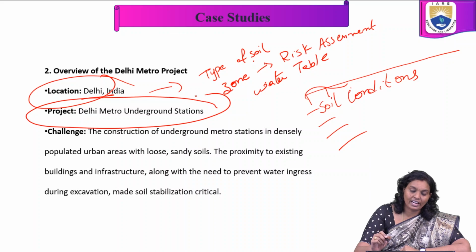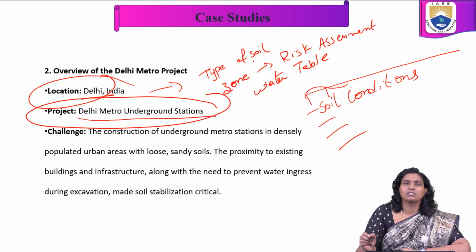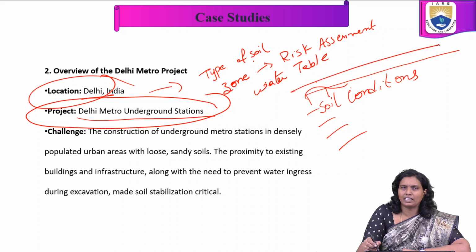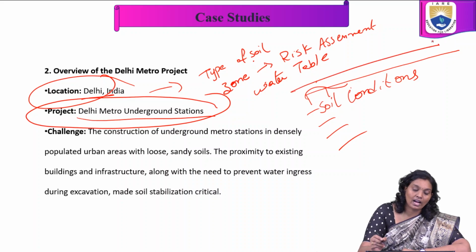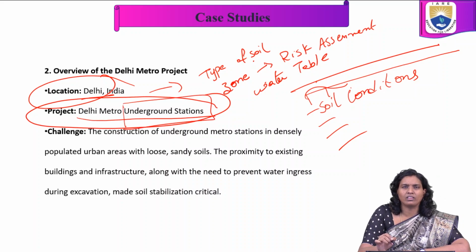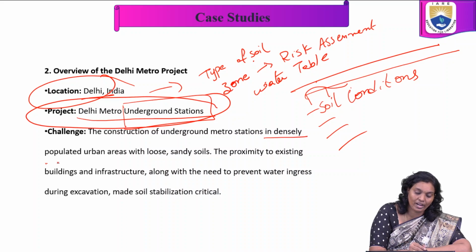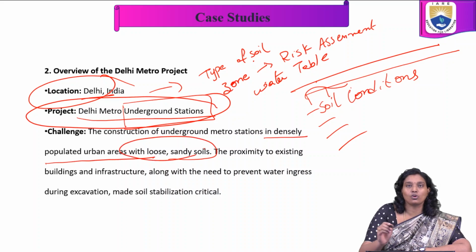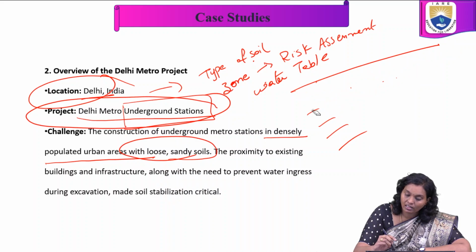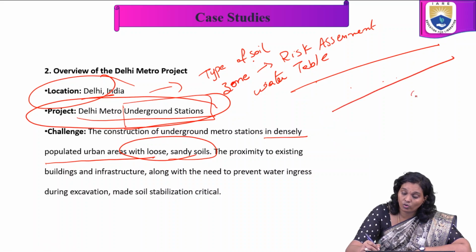In this case study, we consider Delhi Metro underground stations. Underground and on-ground stations are there in the same line, but we are concentrating on the underground stations. The challenge is the construction of underground metro stations in densely populated urban areas with loose and sandy soils. The metro rail line depends on many parameters, not only soil conditions.